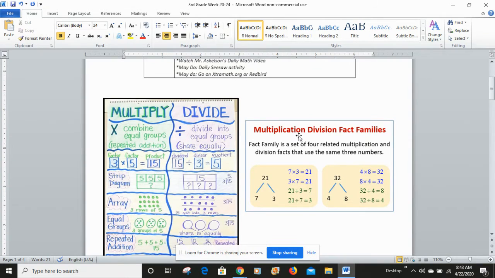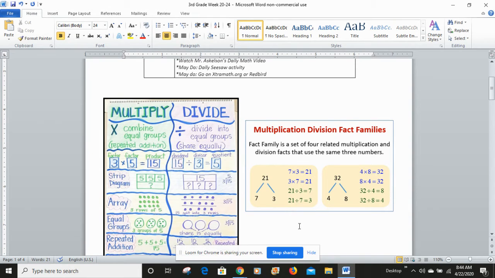So you can think of it as a fact family. If I have 7 times 3, I would know that 7 times 3 equals 21. And then I can change that around according to the commutative property. I can say 3 times 7 equals 21. And if I'm going to make a fact family with multiplication, I have to use those 3 numbers.